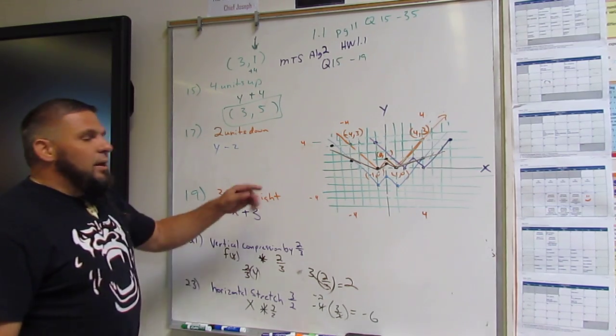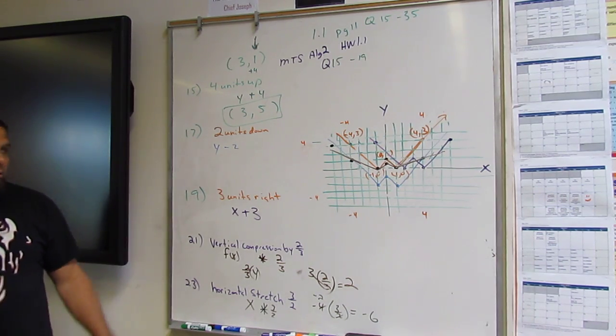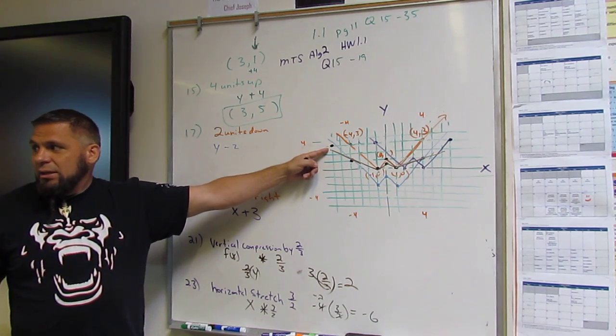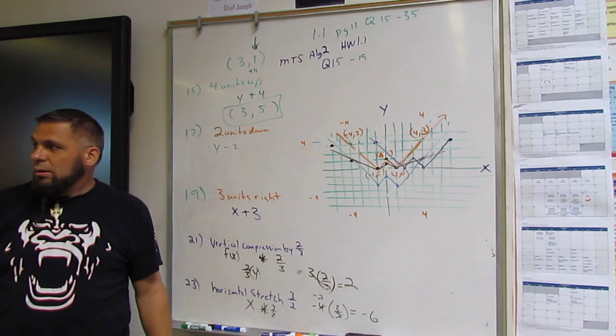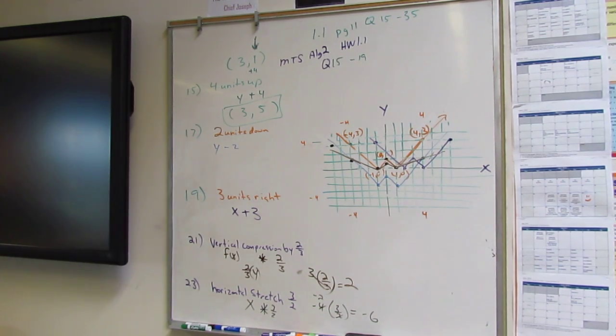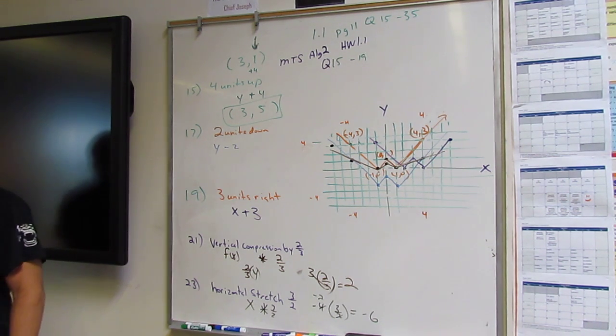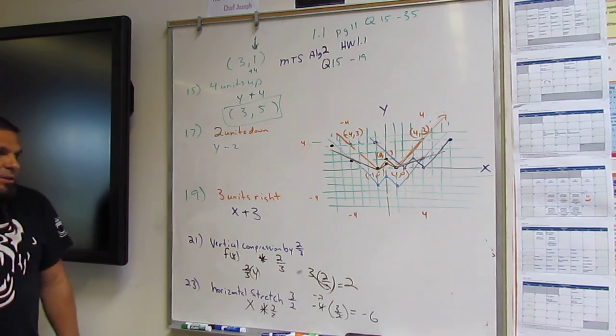How would you know that it's -2? Oh, because you have a -4. Yeah, because -4 divided by 2 is -2. There you go. Thank you.